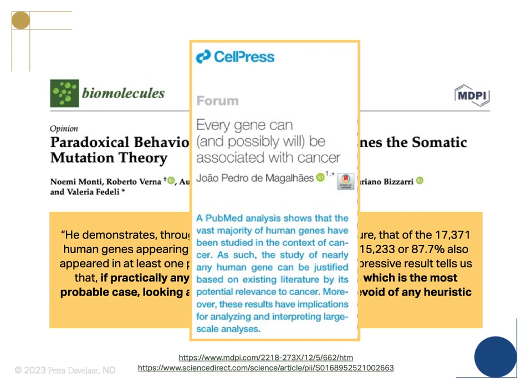They demonstrate that of the 17,371 human genes appearing in at least one paper in PubMed, 87.7% also appeared in at least one paper mentioning cancer. This impressive result tells us that practically any gene is associated with cancer, which is most probably the case. Looking at single gene explanation is devoid of any heuristic power.